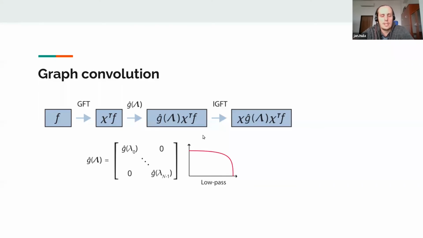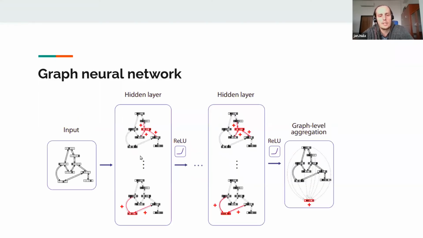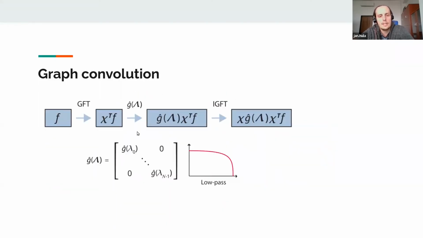There is one disadvantage of this approach: the learned filter will only work for a fixed graph, because if you change the graph, the eigenvectors will change, and you cannot apply the learned coefficients.